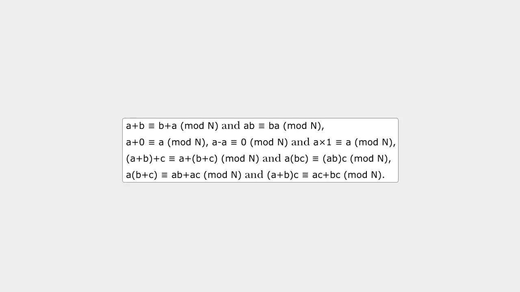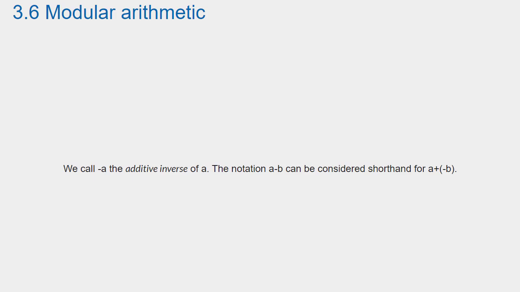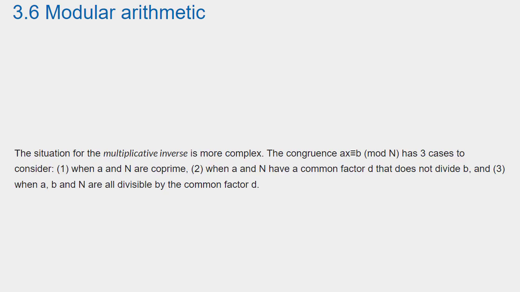Residue classes follow the same rules of arithmetic as ordinary integers, such as: we call minus a the additive inverse of a. The notation a minus b can be considered shorthand for a plus brackets minus b. The situation for the multiplicative inverse is more complex.